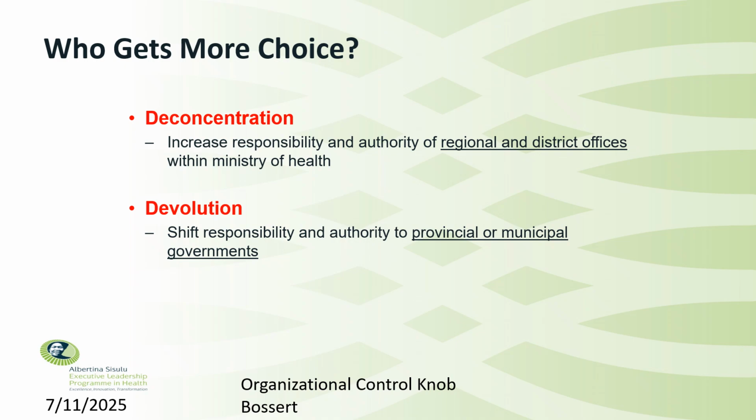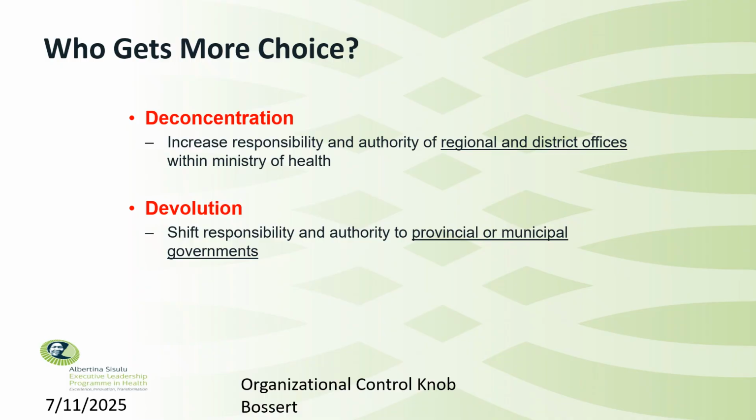The provincial health department is a central authority that holds the power and decision making for the whole province. But in deconcentration, you're moving some of the officials from the provincial office down closer to the community into your district and sub-district offices. So you've shifted personnel, but you may not necessarily have moved some of the decision-making power.